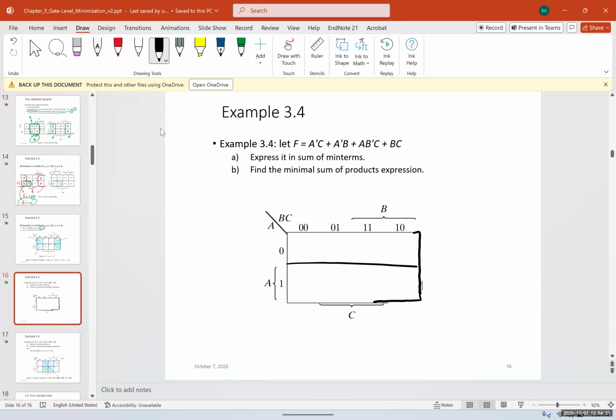So again, A, and we have B and C. Again, this is M0, M1, M2, M3, M4, M5, M7, M6.